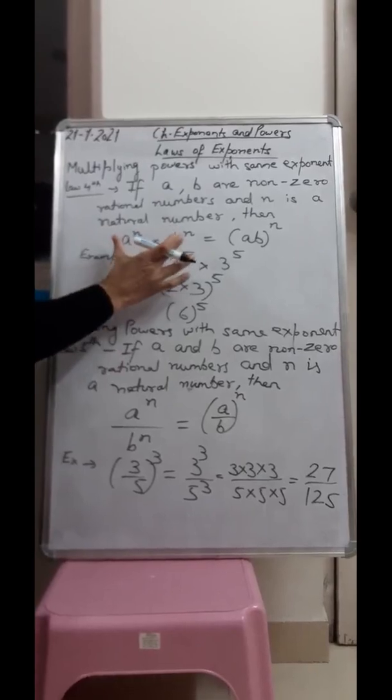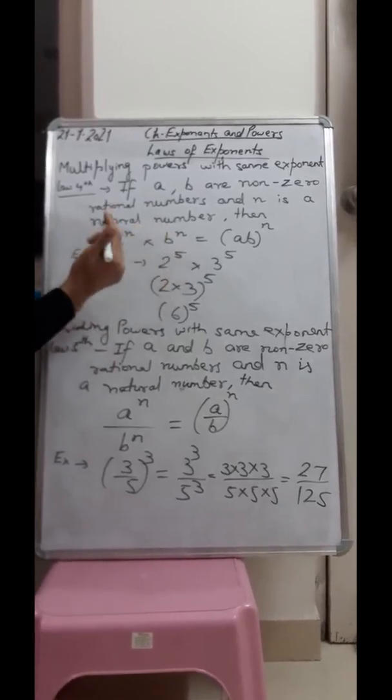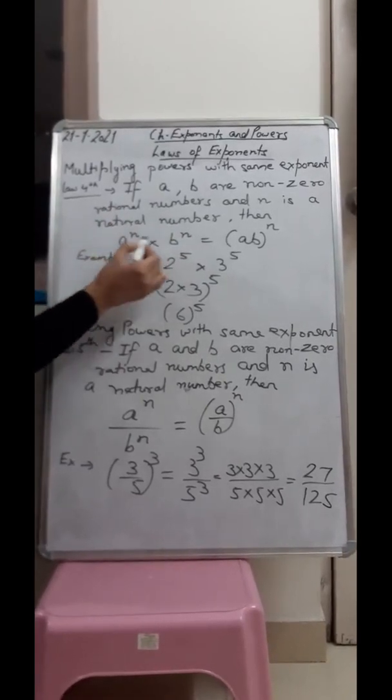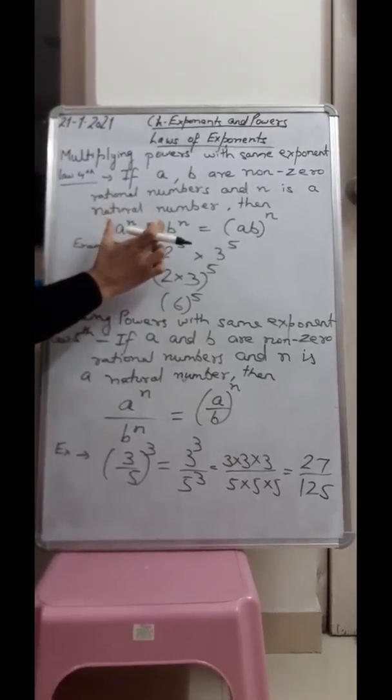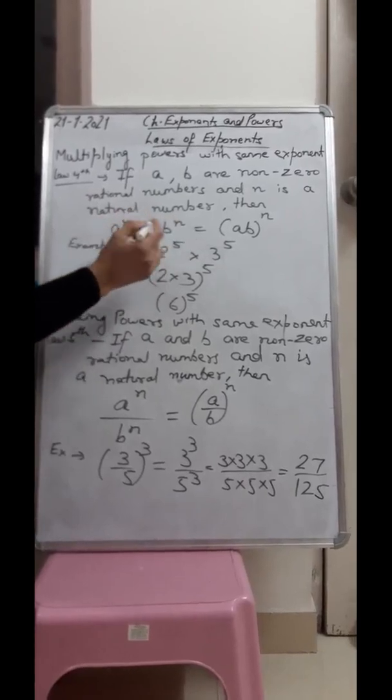So we can see that the exponents are getting multiplied, and the base is different but the power is the same. So when the base is different and the power is the same, what will happen?